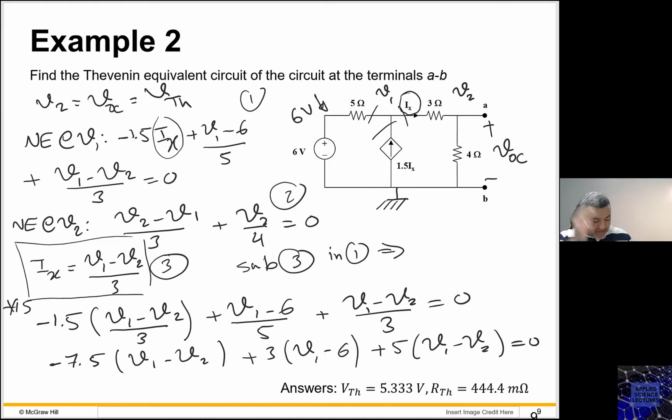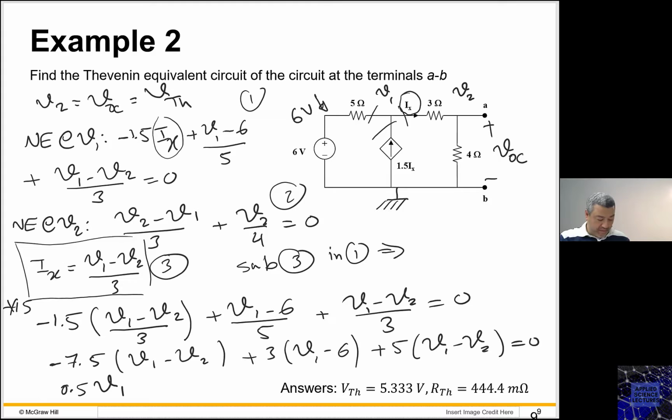Now rearranging here, I have minus 7.5 V1 plus 3 plus 5, which is 0.5 V1.